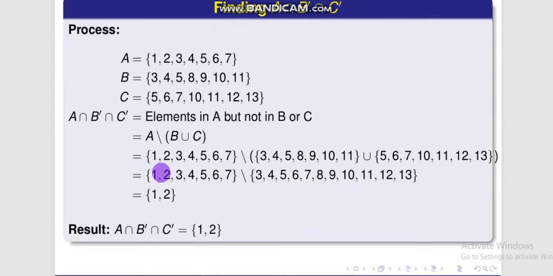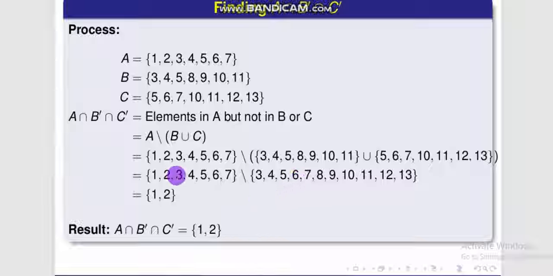So finally you select elements that are in A but they are not in this one. This has united all the elements that you have in B and C, and you don't want them in your set. So if you compare with this, you find that 1 and 2, they are not in this. So 3, 4, 5, 6, 7, look at them, 3, 4, 5, 6, 7.